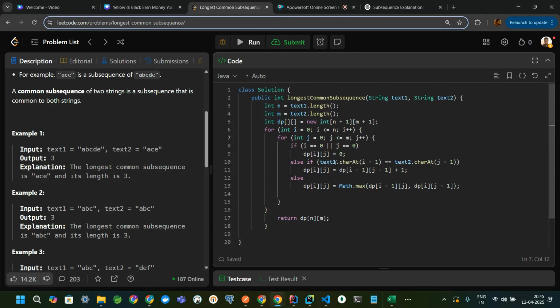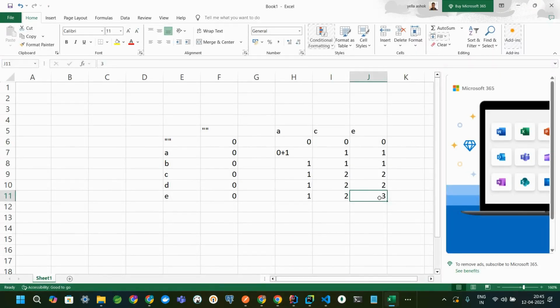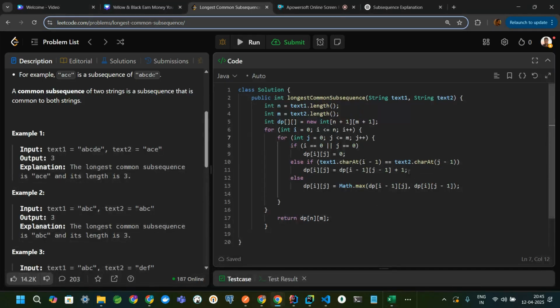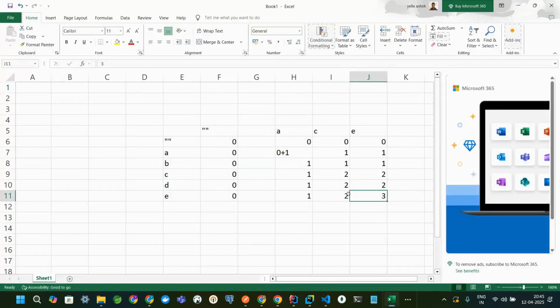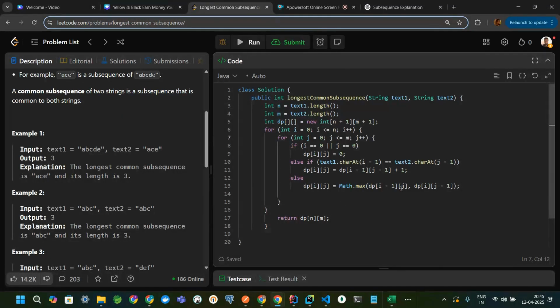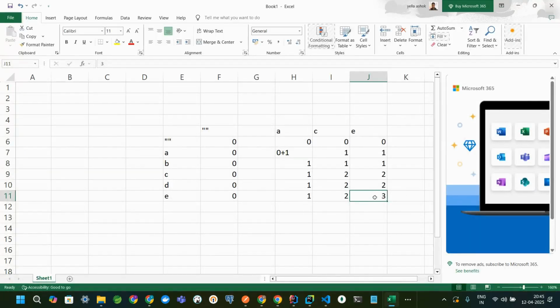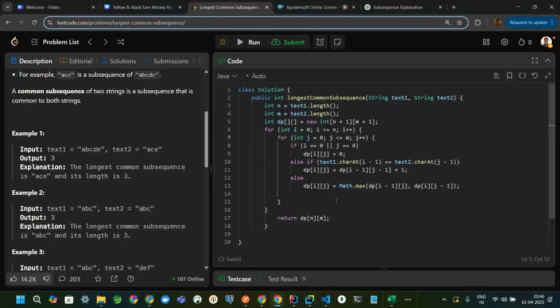Then when text1.charAt(i minus 1) is equal to text2.charAt(j minus 1), if both are equal, I take this diagonal, dp[i minus 1][j minus 1], plus 1. If it is not matching, then just take Math.max of either this one or this one, dp[i minus 1][j] or dp[i][j minus 1]. And at the last I'm returning dp[n][m]. This cell will represent abcde and ace, the longest common subsequence. So this is what we discussed here.